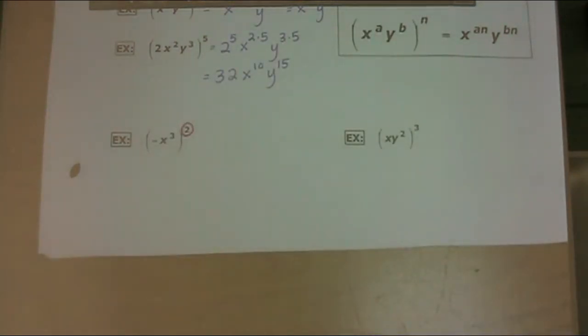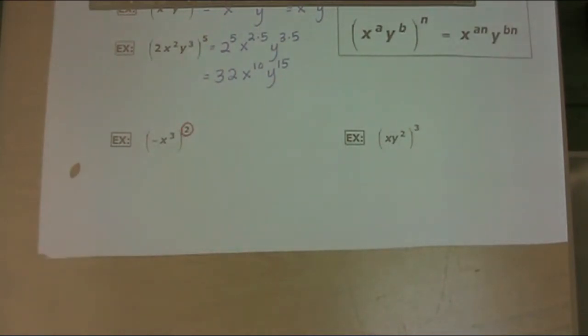This is telling me how many times that negative is going to be multiplied. So really what's here is a -1. And since my power out here is 2, I have an even number of times that the negative will be multiplied by itself. If a negative is multiplied an even number of times, it's going to be a positive. If it's multiplied an odd number of times, it's going to be a negative.